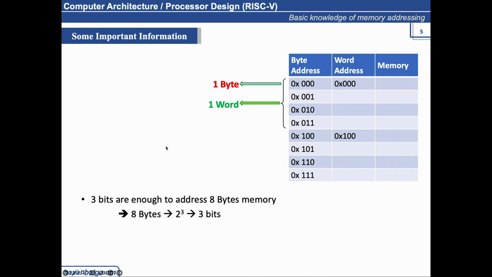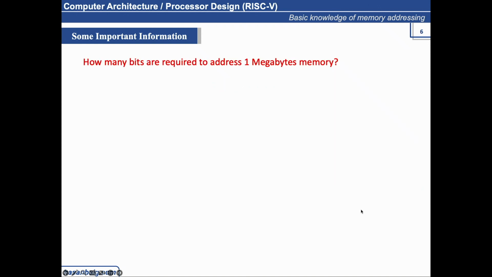Then we discussed, if instead of an 8 byte memory we have 1 megabyte of memory, we perform the calculation in a stepwise manner. How do we represent 1 kilobyte? In general, we represent kilo with 10 to the power 3. But how many bytes can you access with the help of 1 bit?